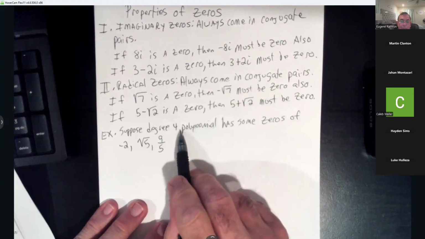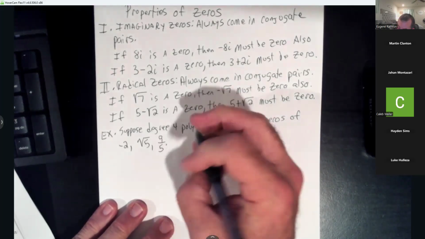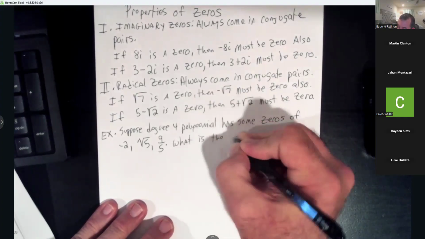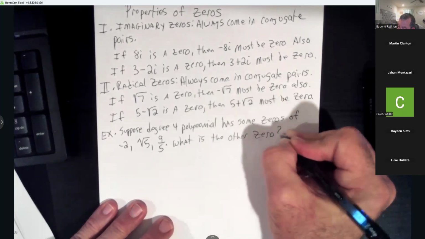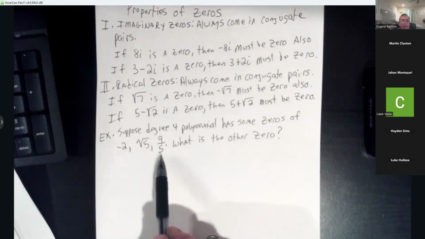So degree 4 has 4 zeros. They gave me 3 of them. So we want to know what is the other zero. Y'all have any guesses on that? What could be my other zero if they gave me these 3 right here?